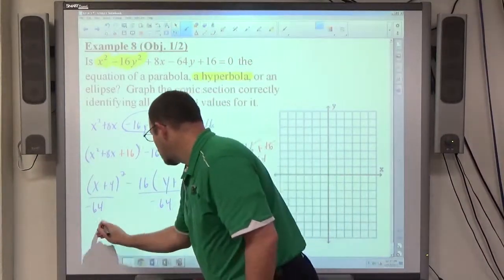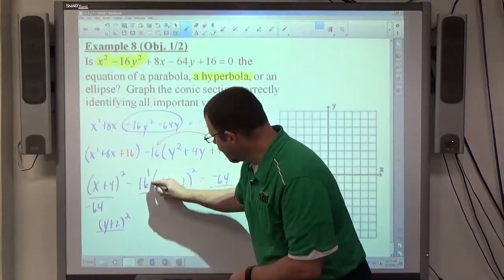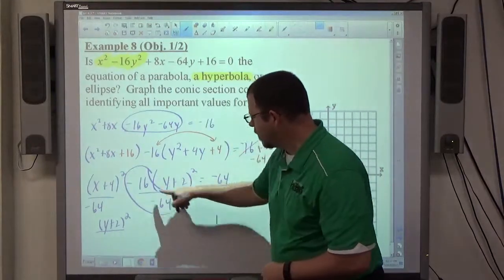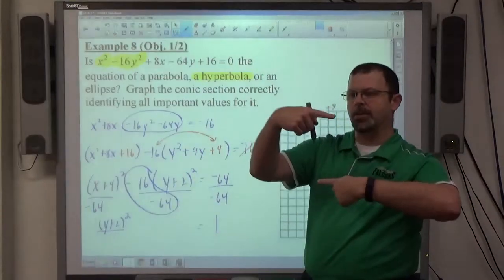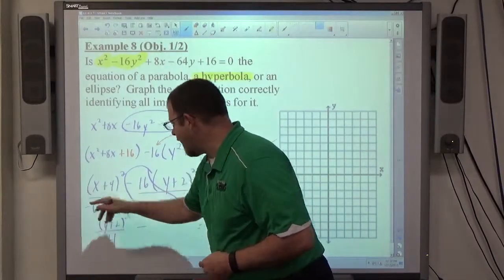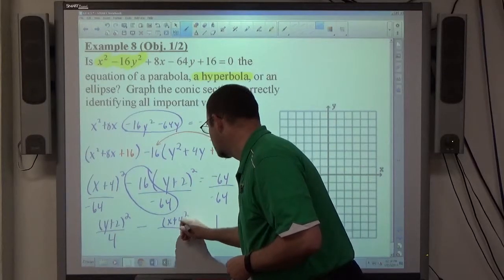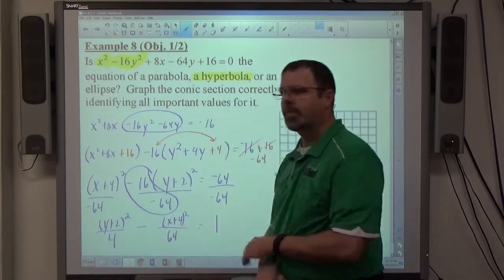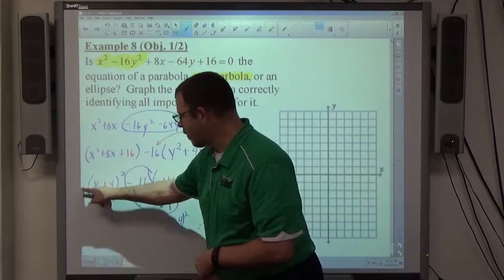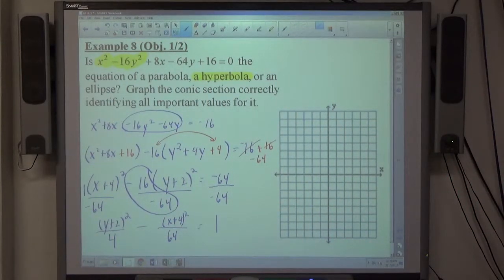So I'm going to get y plus 2 squared, and I want to reciprocate this thing, right? 16 over 64 reciprocates to 64 sixteenths, which equals 4. I'm going to reciprocate that, which I don't have to. It's already good to go. X plus 4, the quantity squared, over 64. Since there's already 1 in front of it, it's ready to go the way it is. But again, the minus sign I just took out in front instead of up underneath it.